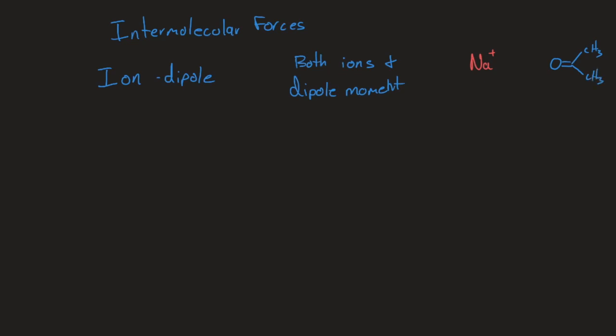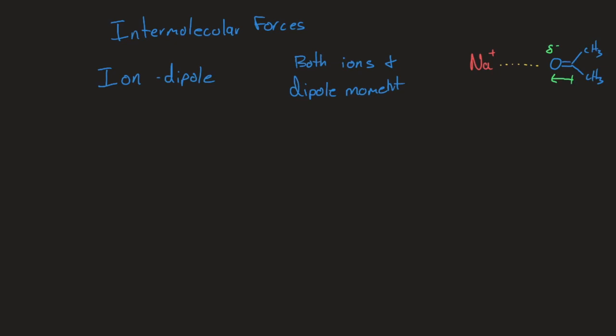Remember that oxygen is more electronegative than carbon, and so this is going to be polarized in this direction, and there's going to be a partial negative charge on that oxygen. And so that partial negative charge is attracted to the positive sodium, and so this is an ion-dipole interaction and is a very strong interaction.